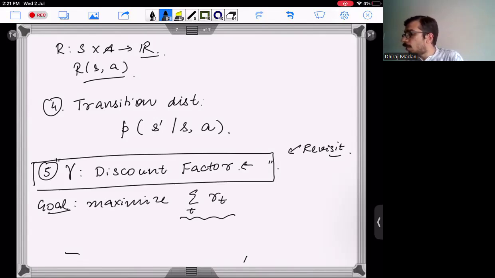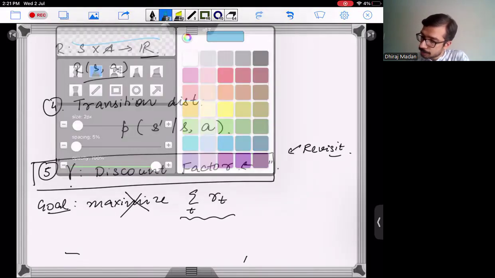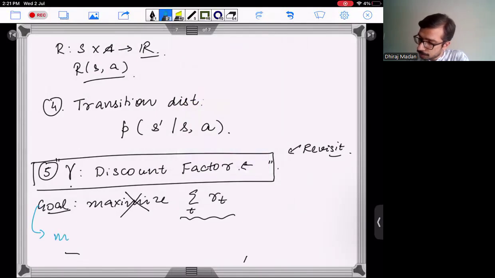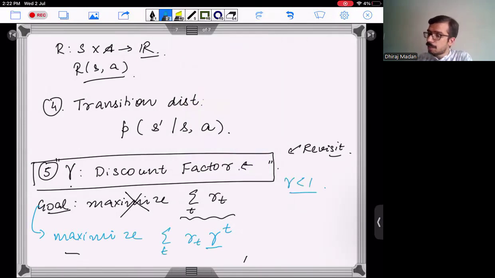So what you do is introduce something called a discount factor. Instead of maximizing this, we end up maximizing the sum over t of R_t gamma to the power t, where gamma is some value which is less than 1.